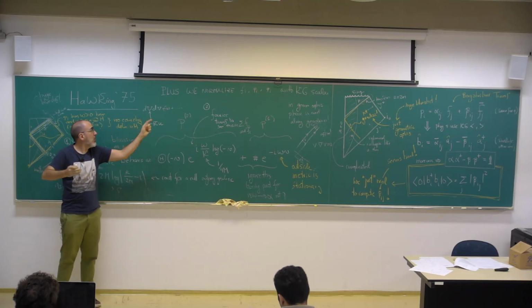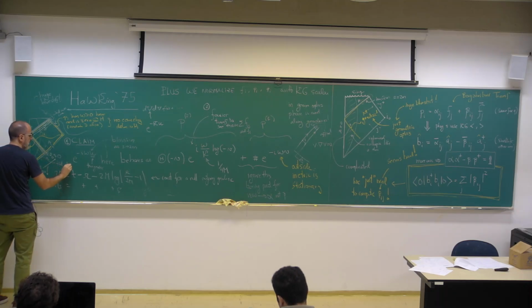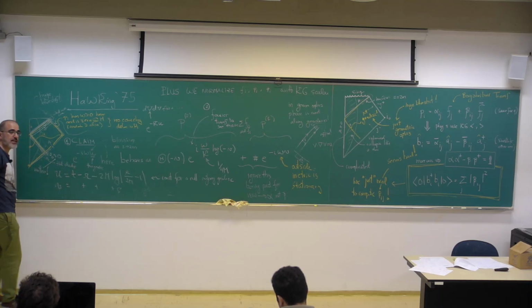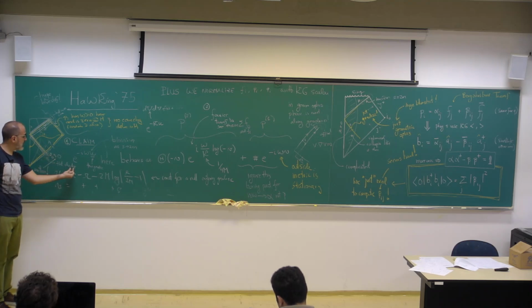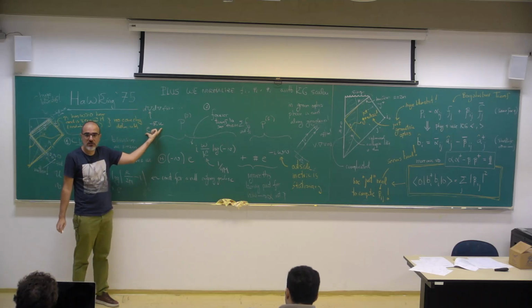Whereas here, when I am in this region, the metric is just flat, so it is just the usual du dv without any exponential. And so a small distance here is just a small v, which is a small capital U, which is related by an exponential to the small u.